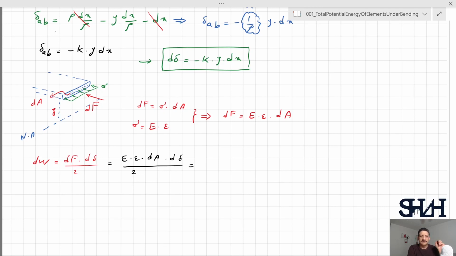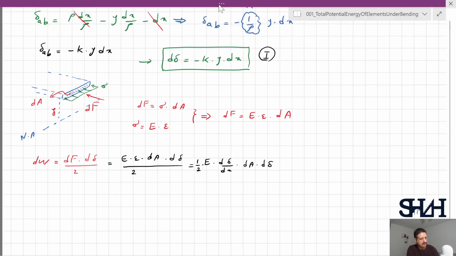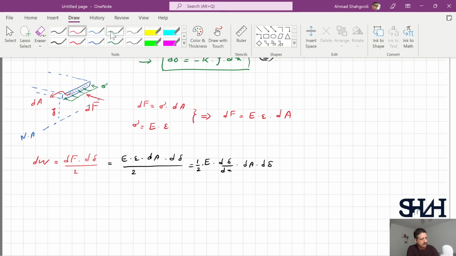and epsilon is d delta divided by dx. So it will be E times d delta divided by dx. I put 1 over 2 as a factor, dA times d delta. From equation number 1, I can substitute these values into dW.